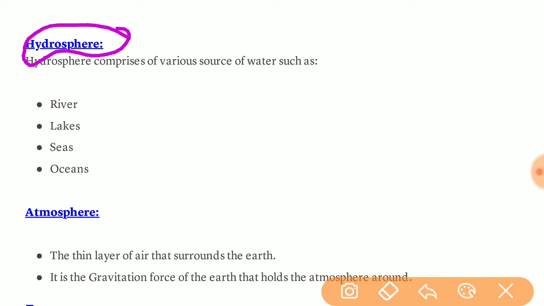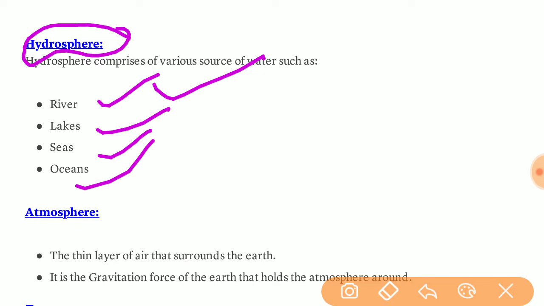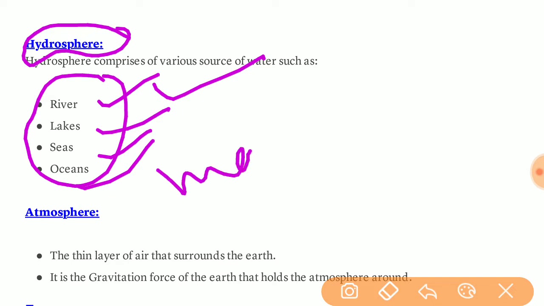Hydrosphere comprises various sources of water such as rivers, lakes, seas, oceans. These all provide life to billions of organisms which is not possible without water. For example, marine mammals, marine animals.